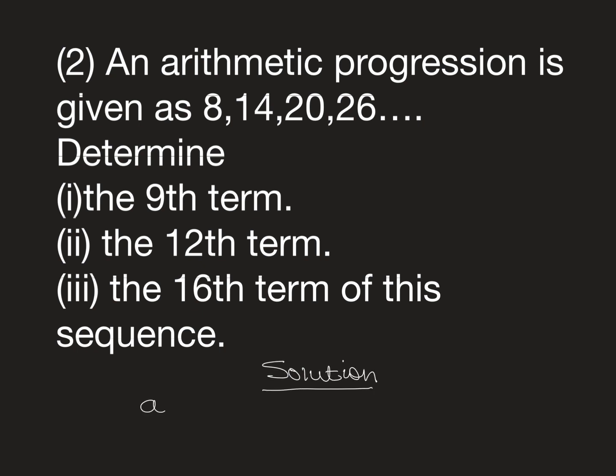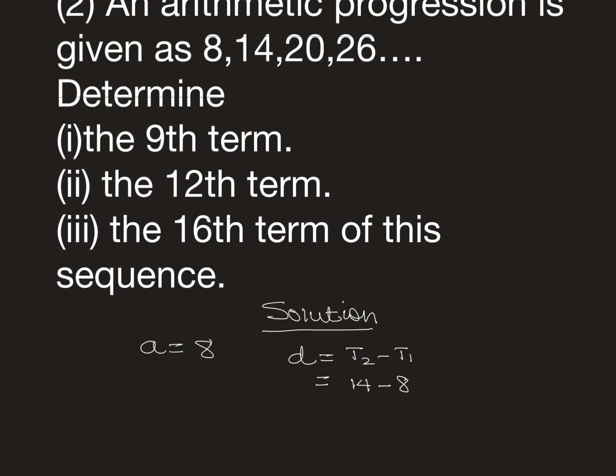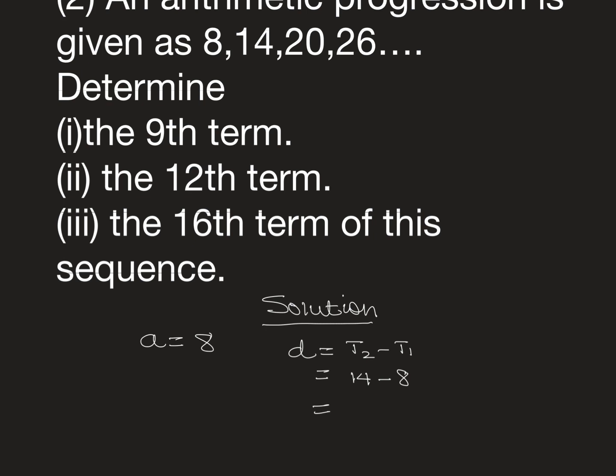The first term of this sequence, which is T1, is 8. How do we find the difference? We can say T2 minus T1 if we want. That's 14 minus 8, and 14 minus 8 is 6. So when we know the first term and the common difference, we are able to find the terms.